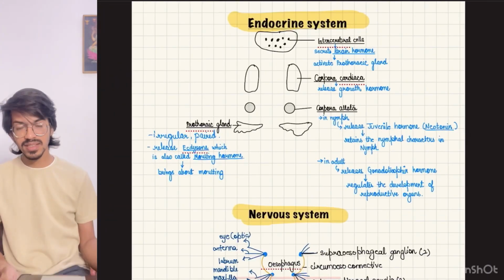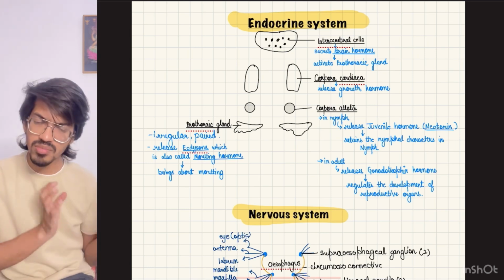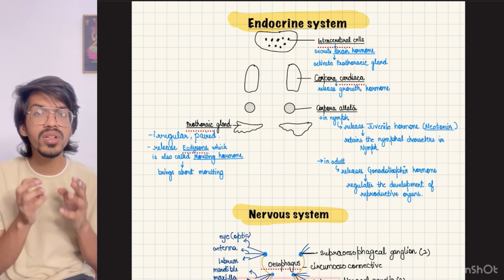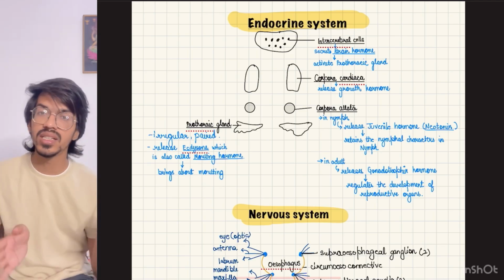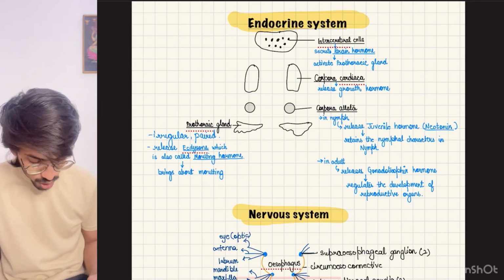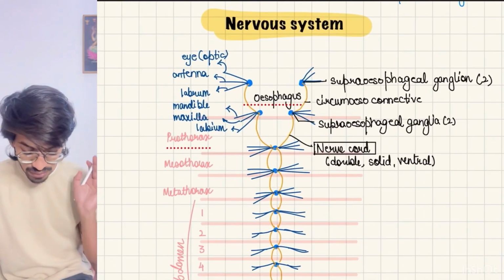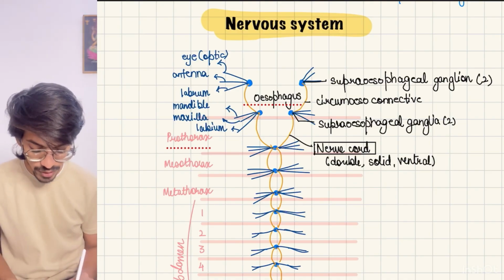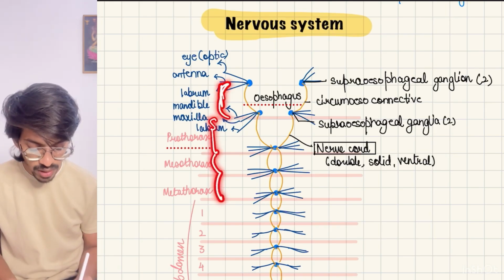Moving on to the next, the endocrine system is also present, but that is not in your syllabus. Just remember that endocrine glands release a hormone during the nymphal stage, which will change it into the adult stage. That hormone is neotenin. Just remember that. Then the nervous system, very important, this is how it looks. You can see the prothorax, mesothorax, metathorax, and here is the head part.